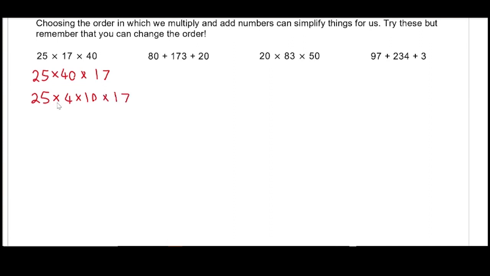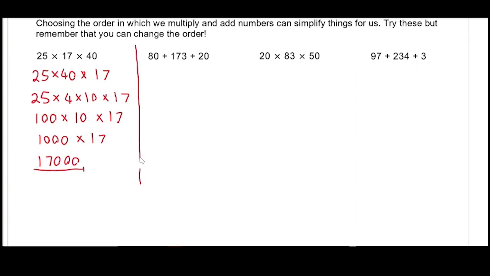In fact, what I get here, 25 times 4 is 100, times 10, times 17. 100 times 10 is 1,000, times 17. 17 lots of 1,000, 17,000. That's actually much easier than multiplying 25 by 17 and then by 40.